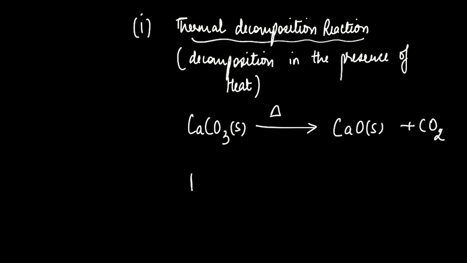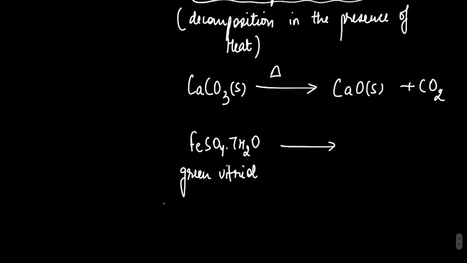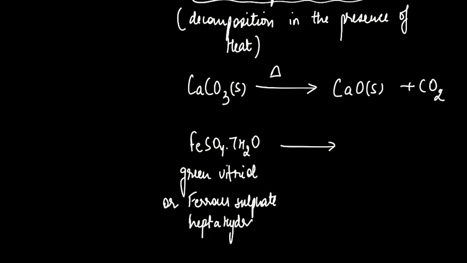So we can use this particular salt. This is commonly called green vitriol. That's green in color. Or we can even write it like this: ferrous sulfate heptahydrate.